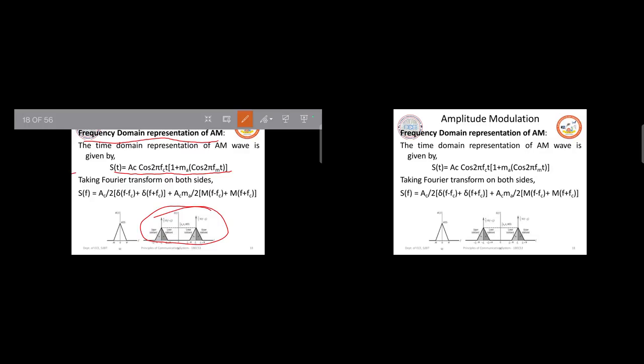So this is the case of a multi-tone signal. If you take a single tone signal, the spectrum will look like this. Let me write it this way. So this center frequency will be fc, this will be fc plus fm, this will be fc minus fm, and you will also have mirror image components on the negative frequency axis, which do not have any significance, but the Fourier transform makes us write all those components.